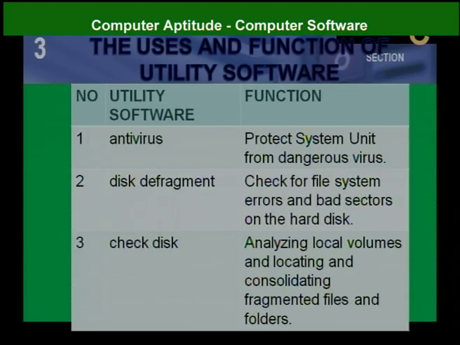Check disk analyzes local volumes and consolidates fragmented files and folders. So those are a few utility software, like antivirus, disk defragmentation, checking the disks. Those software are used to maintain some other software, right?